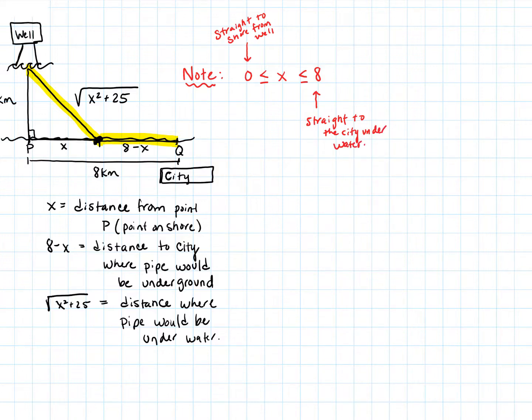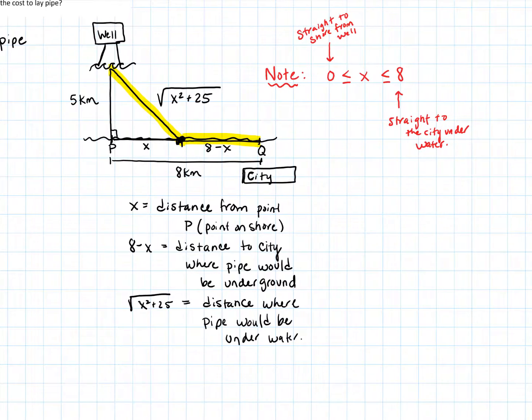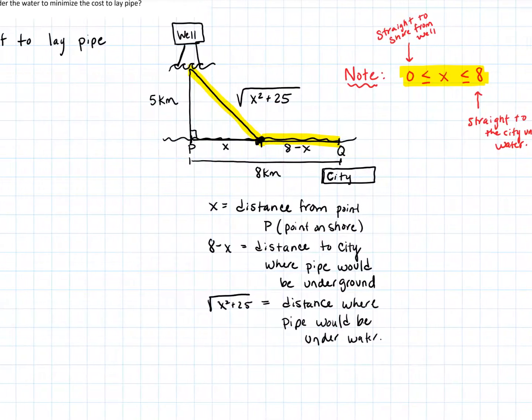The whole way. We would end up being underwater the whole way. So if x were equal to 8, that would be the scenario where we go straight from the well to the city. Okay, so I just wanted to mention that this inequality will come into play when we're doing the domain of our cost function. But I did want to mention that we could actually have those scenarios where we're equal to 0 and equal to 8. And that would be the first two scenarios that I mentioned when I was drawing my picture.